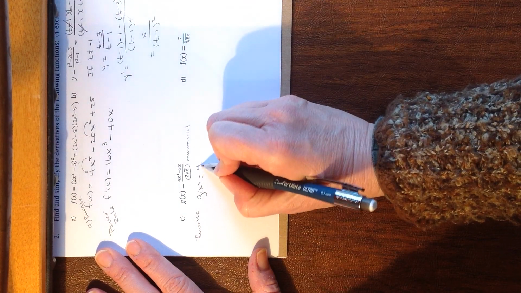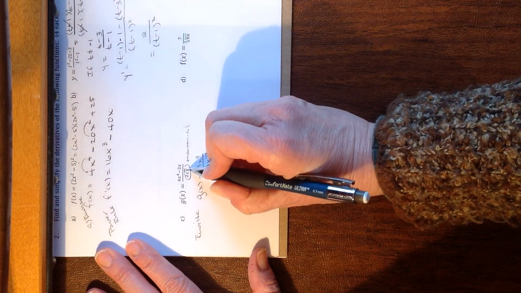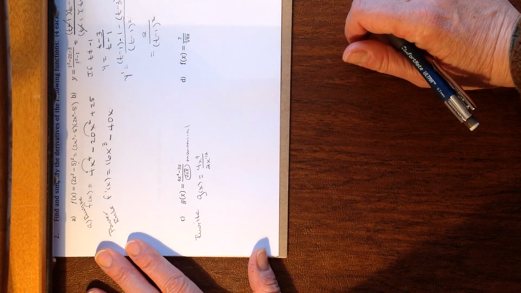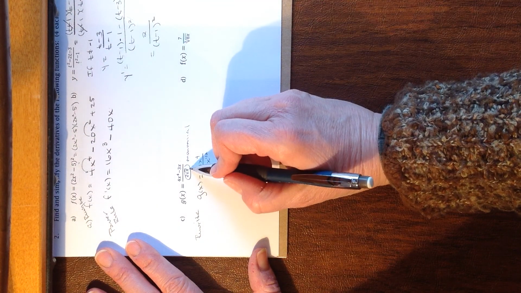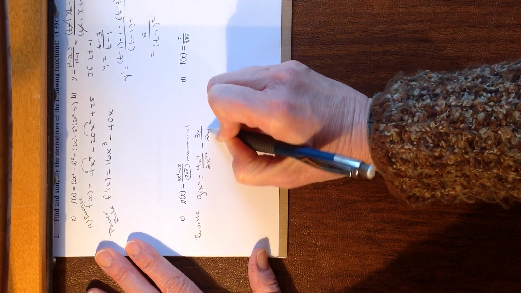So the rewrite entails giving this denominator, which is a monomial, to both of the terms in the numerator. And so it's 4x to the fourth over 2x to the 1/2 minus 3x over 2x to the 1/2.